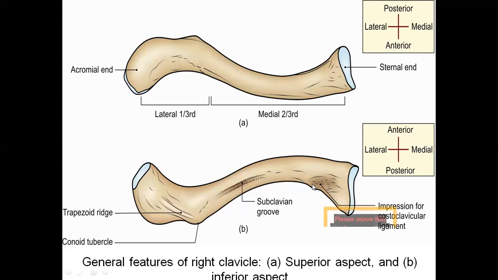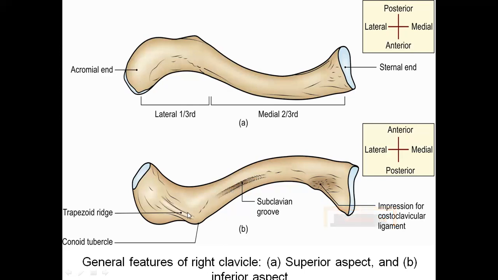On the inferior aspect, there are certain things we should know. We have an impression for the articulation with the first rib, for the costoclavicular ligament. In the middle 1/3 of the clavicle, on the inferior aspect, there is a groove, a depression, called the subclavian groove.